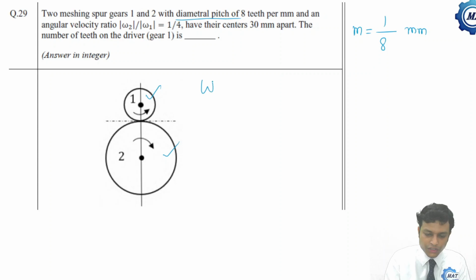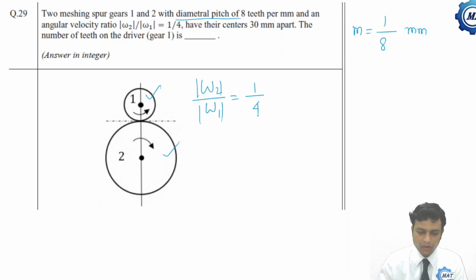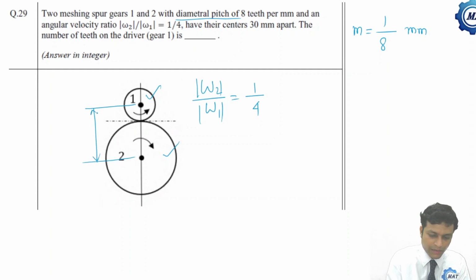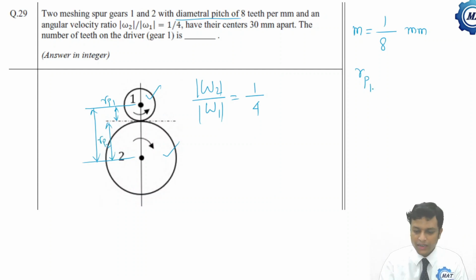Angular velocity ratio omega 2 by omega 1, mod of that, because we do not consider the sign, is 1 by 4. They have their centers 30 millimeter apart. So this is 30 millimeter. That is RP1 and this is RP2, the pitch circle radii, and RP1 plus RP2 is 30.